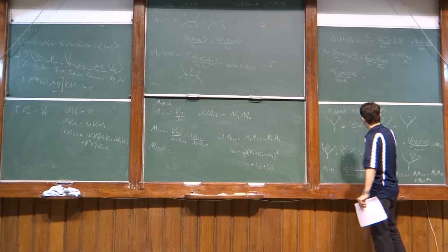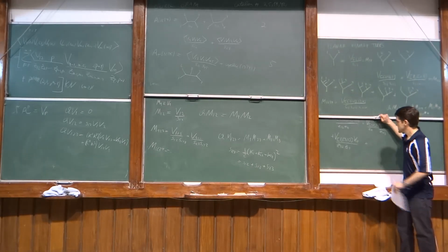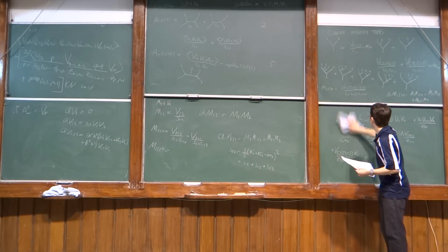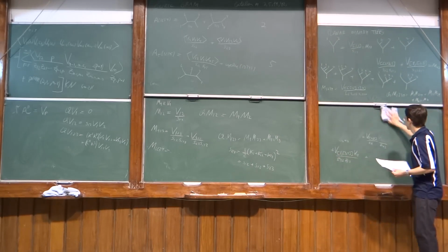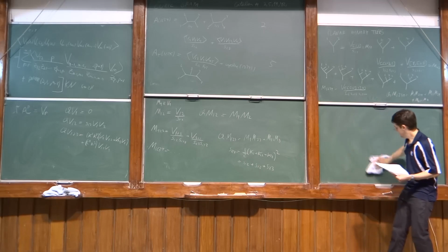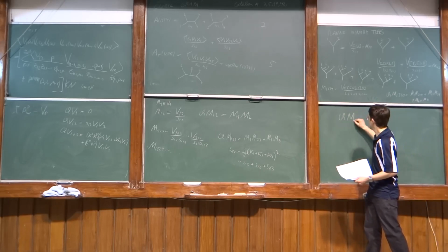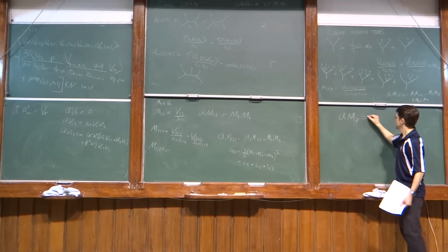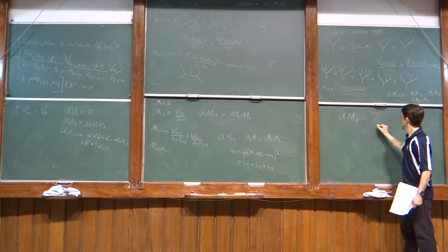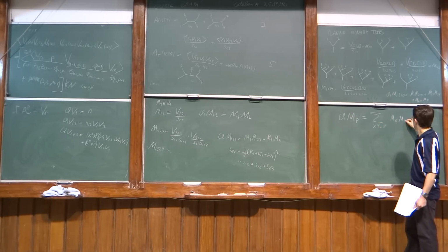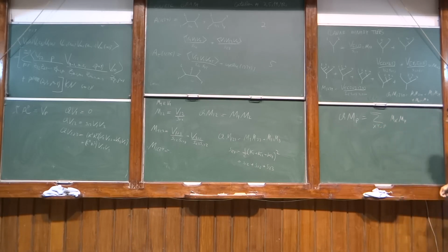Once you do this, you get the general structure that Q of MP is equal to all the deconcatenations of the label P into two, MX and MY.